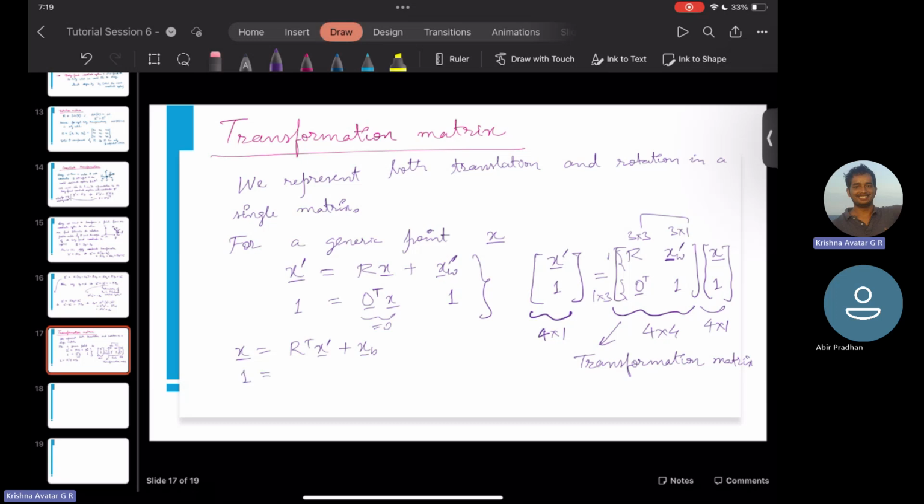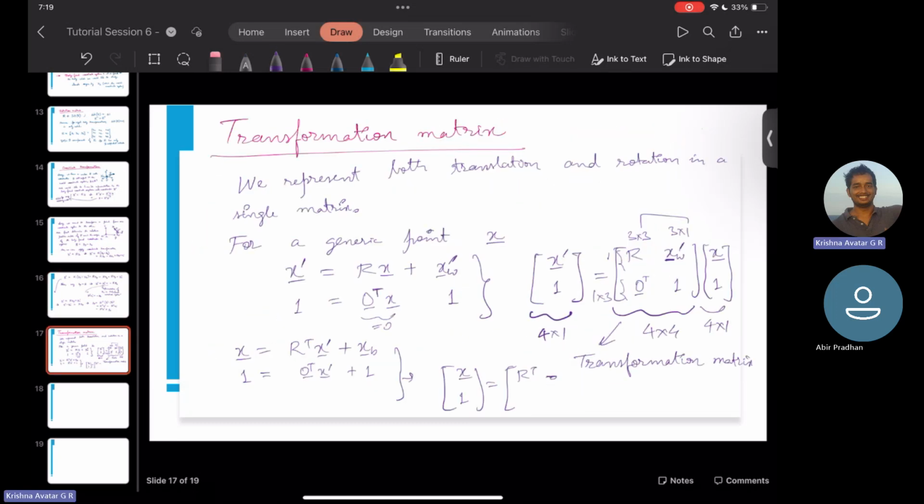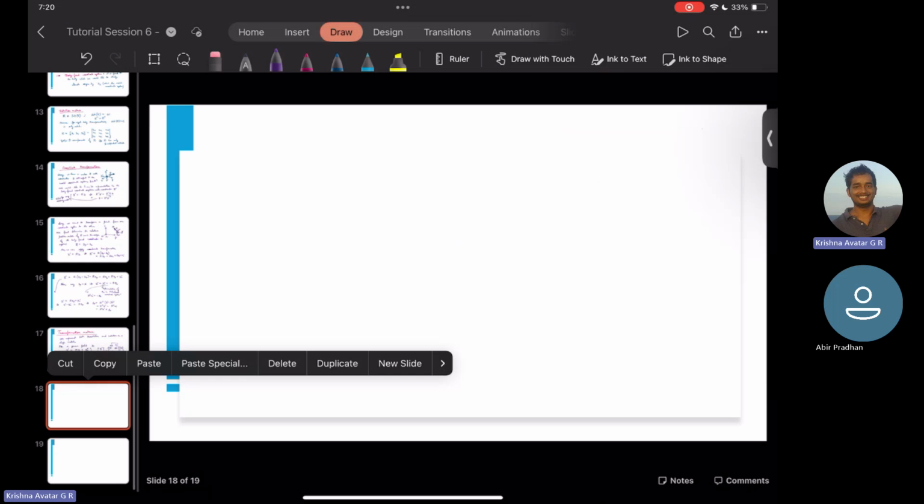And we have 1 is equal to 0 transpose x prime plus 1, of course. These two can be combined to write x vector, 1 is equal to R transpose, and xp was given as minus R transpose xw prime, then 0 transpose, 1, and this will be x prime and 1. This is how we move back and forth between both these coordinate systems.